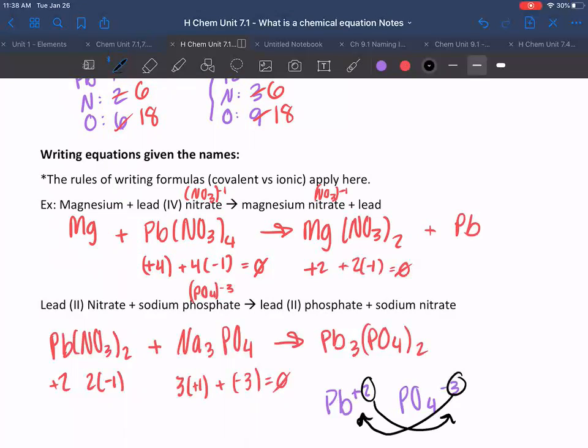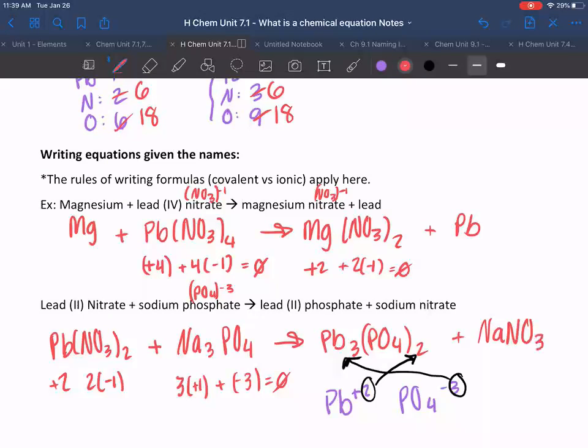So just a reminder there. And then we have sodium nitrate. What will be the formula of that? NaNO3, because they're a 1-to-1 charge ratio. Any questions on this?